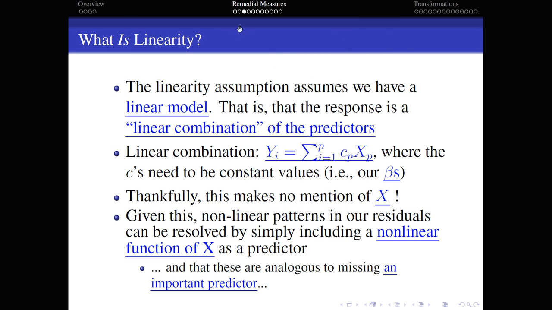Let's say our residuals had a U-shape. What this would tell us is we're missing a squared predictor, so we need to add in x squared as an additional predictor to account for that nonlinear shape. This is so handy, and it's something that many students don't understand, that we can fit a ton of different models with a ton of cool and complicated curves using a linear model.